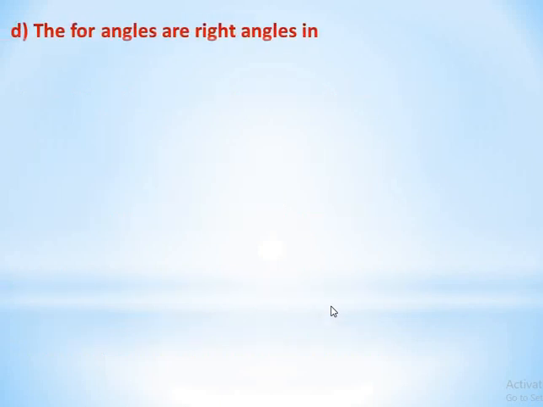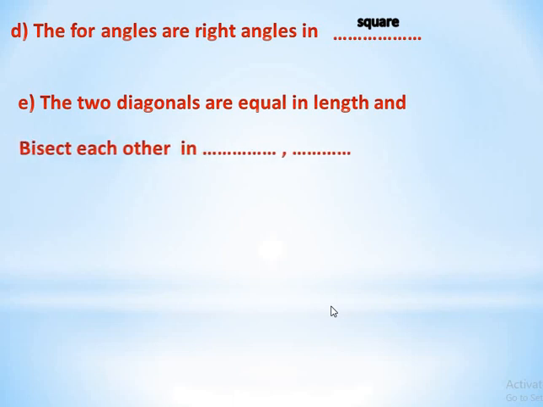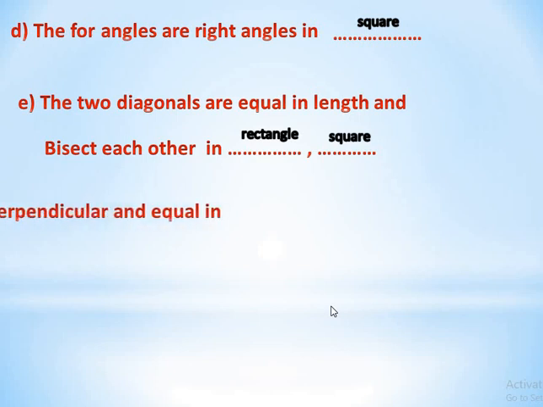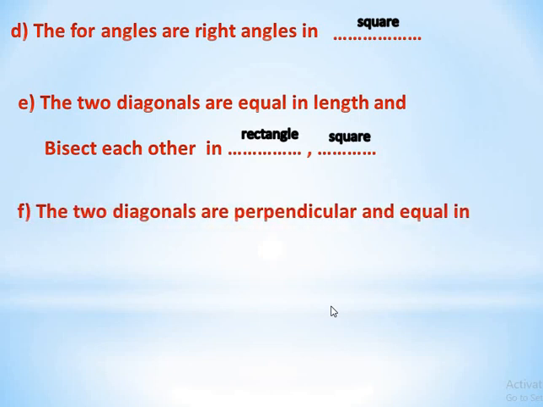The four angles are right angles in rectangle, and square also. The two diagonals are equal in length and bisect each other: rectangle and square. The two diagonals are perpendicular and equal: one shape, square.